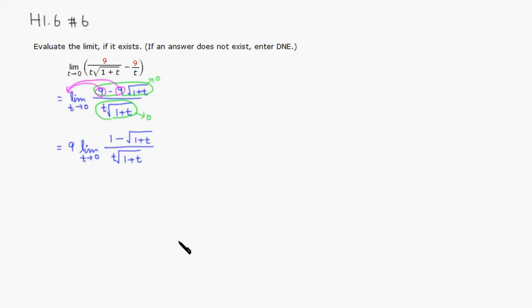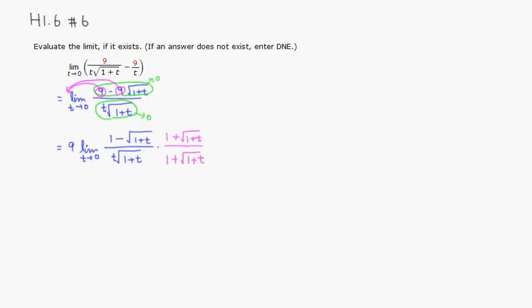What we can do is multiply top and bottom. The reason is we don't like square roots, and we try to get rid of them. So we're going to multiply top and bottom by 1 plus square root of 1 plus t.